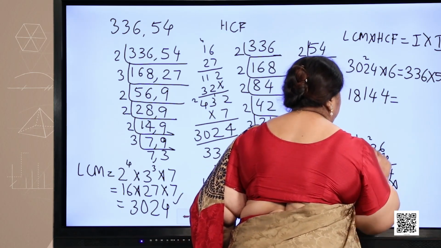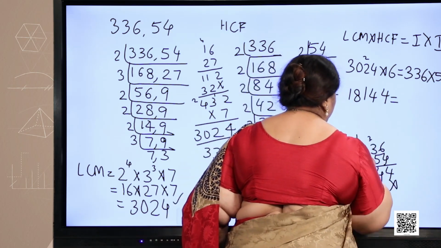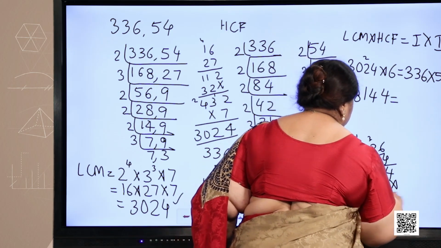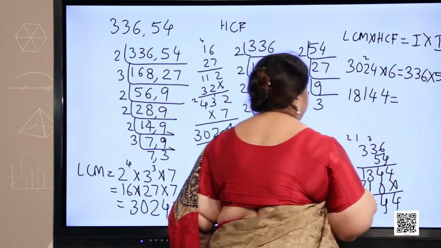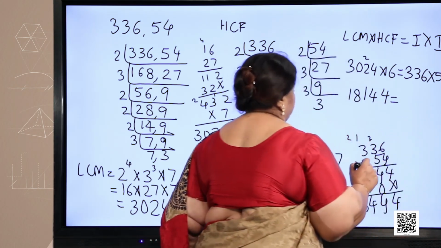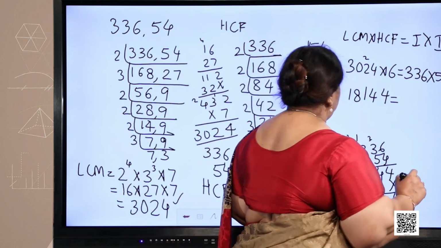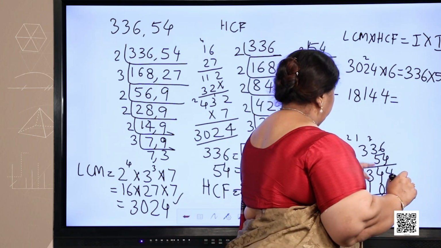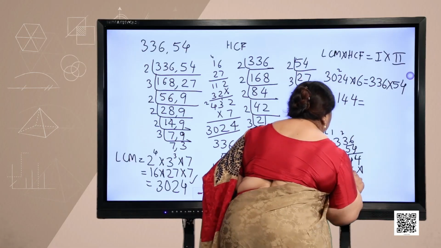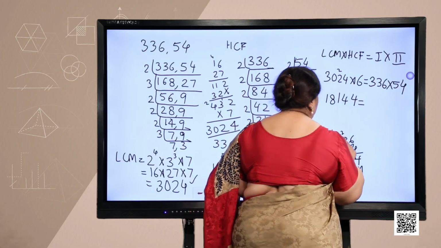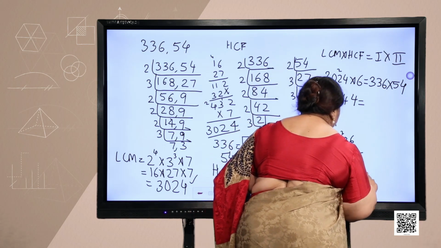6 5s are 30, 18, 19, 20, 21, 2 carry and 17. So, 4, 4, 4, 8, 1. Something went wrong. 336 into 54. 6 5s are 30, 3 carry, 15, 18, 1, 6.